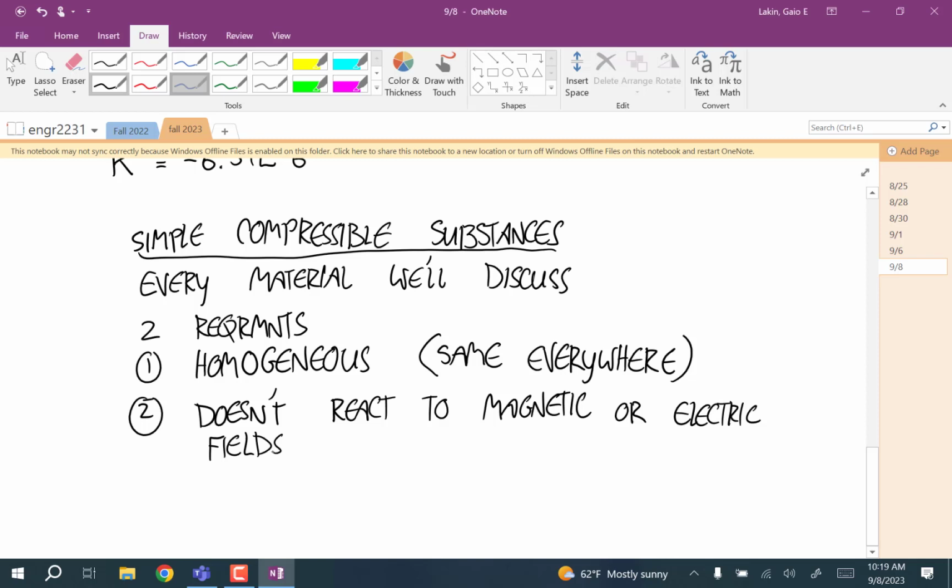Apparently, but I don't know what they are. I guess if you have a beam of electrons or something, like you do labs like that in physics too, that could be your system, but it reacts to electric fields. So you can't expect it to behave according to these laws.